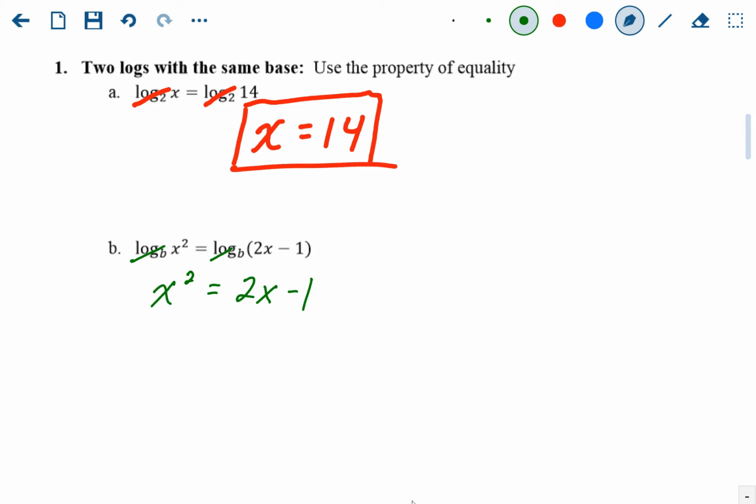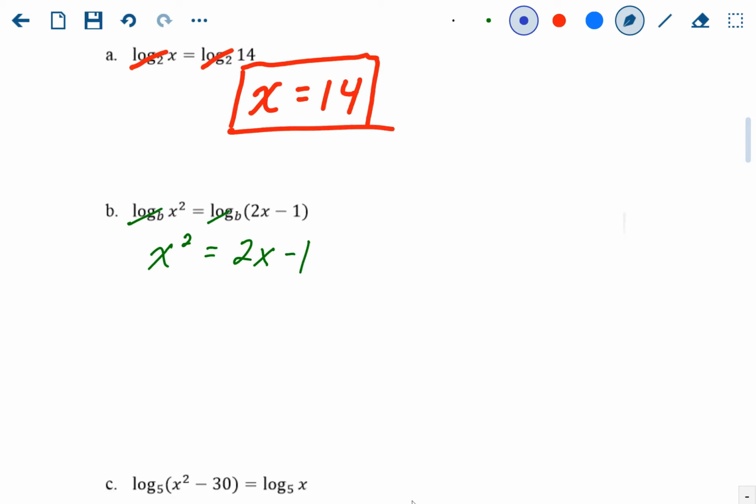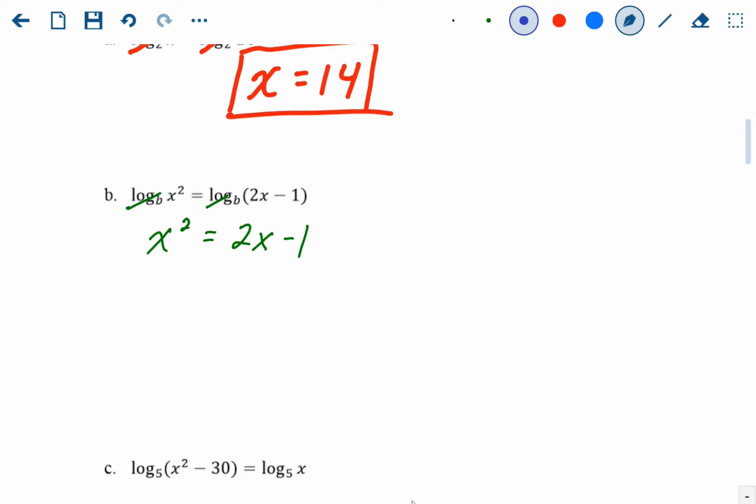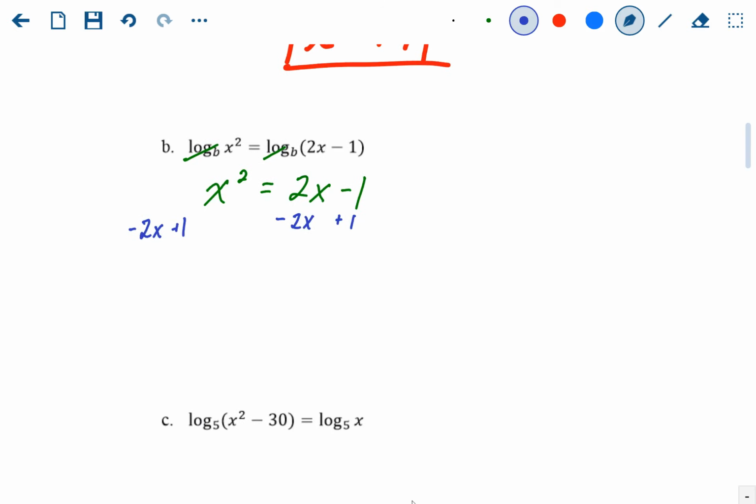Now this is a quadratic, and the way we solve quadratics is to factor them. So we're going to have to move everything to one side. Subtract 2x and add 1 to both sides. It's going to give us x squared minus 2x plus 1 equals 0.